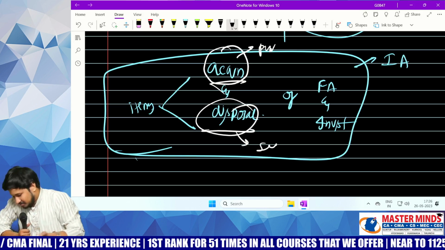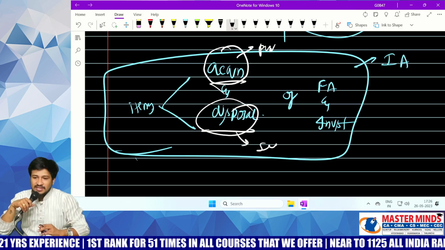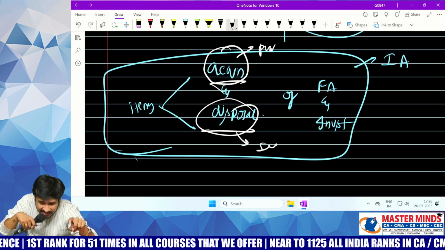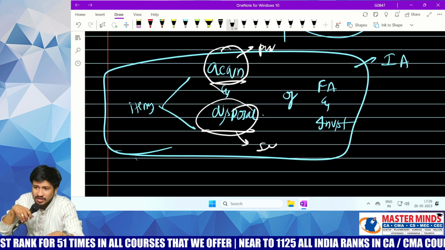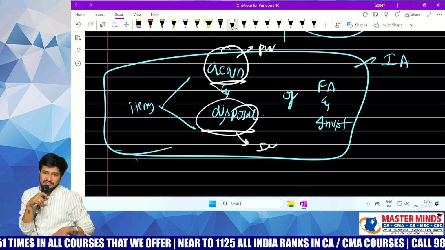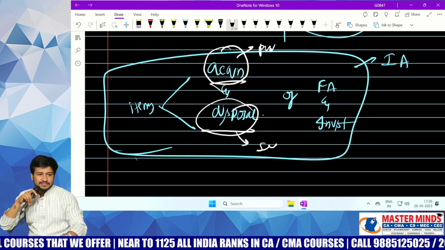Something like machinery purchased. Which activity? Investing activity. Not only those activities relating to acquisition and disposal, but also income generated from those investments is investing activity. Be careful. Machinery purchase, which activity?